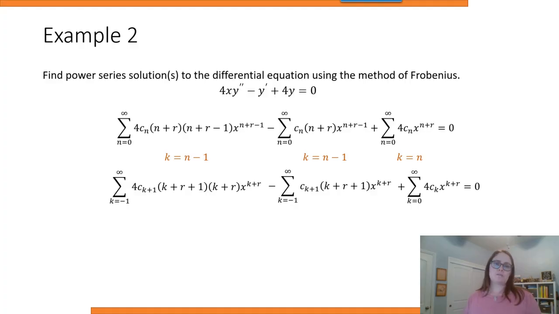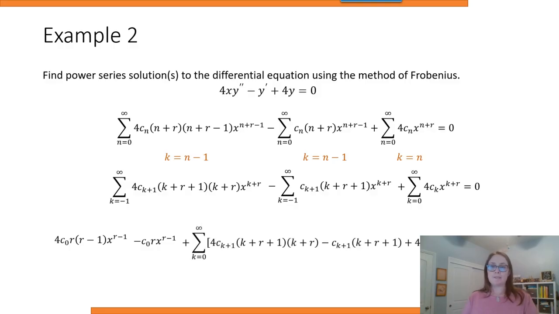In the first sum, if I plug in negative 1, I'm going to get 4c_0 times r minus 1, all times x to the r minus 1. And then if I go to the second sum and pull its first term out, where k equals negative 1, I'll get minus c_0 times r times x to the r minus 1. And now all three of my sums are starting at 0, so I can combine them into a single sum and factor out the x to the k plus r.